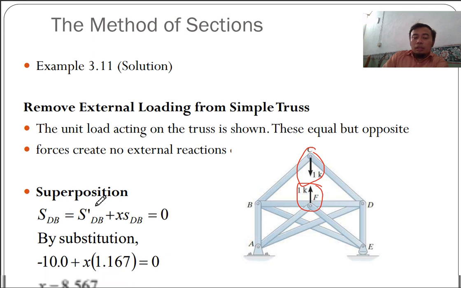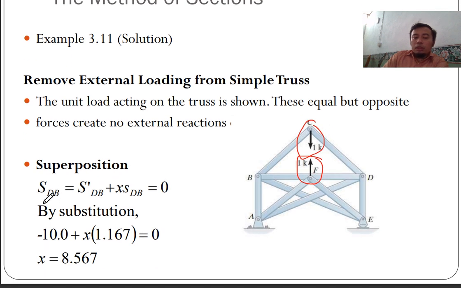Then you do superposition. S_DB is equal to S'_DB plus x S''_DB, equal to 0. By substitution, negative 10 plus x times 1.167 equals 0. So your x is equal to 8.567.